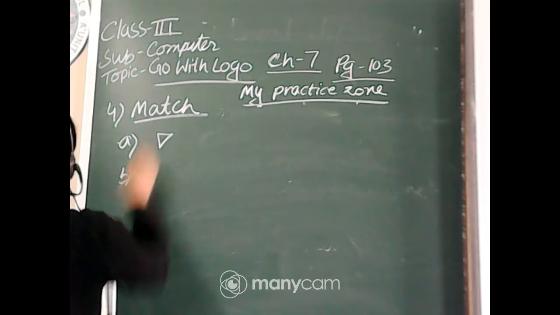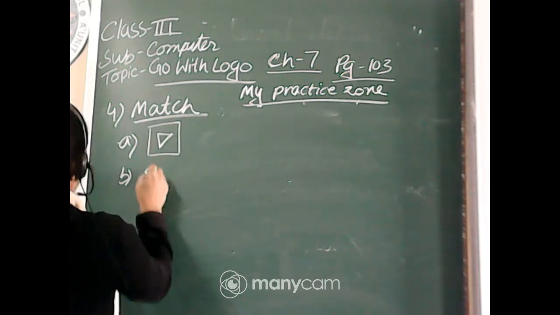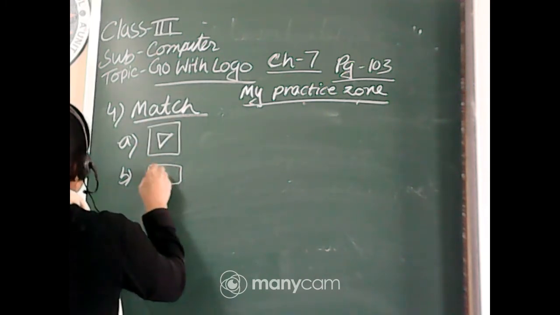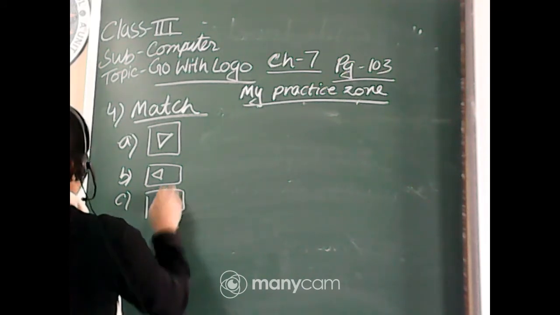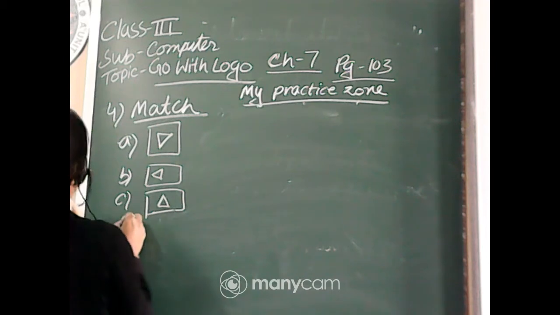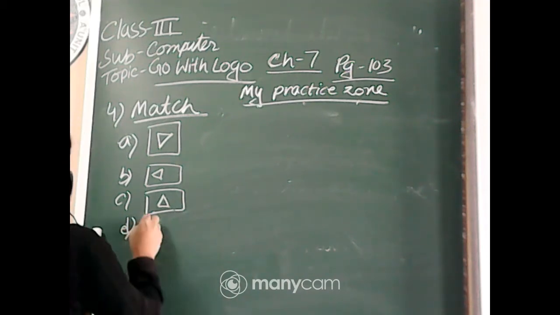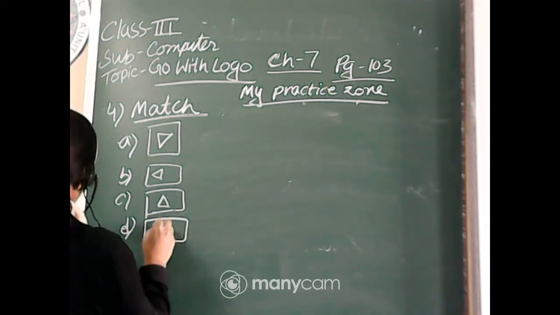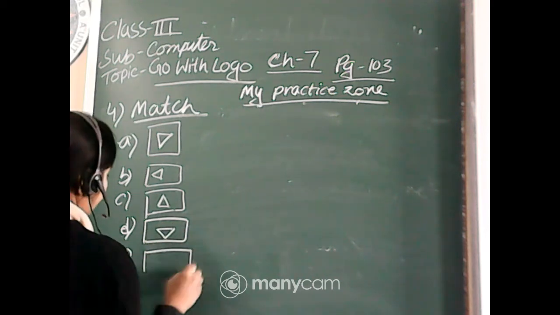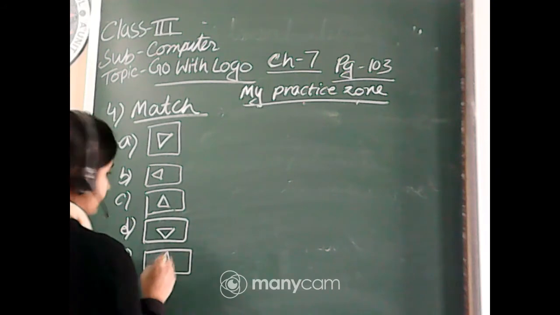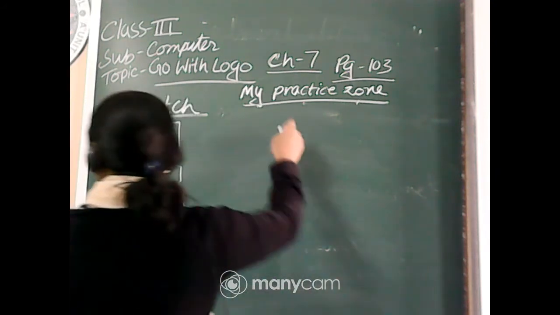Number B, this, and number C, number D, and number E. And on this side, number 1, 2, 3, 4 and 5.